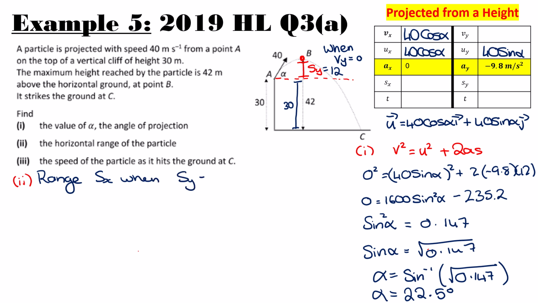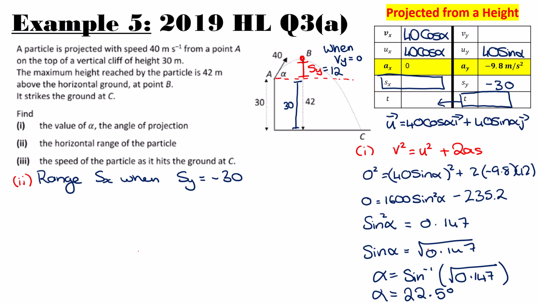In this case, when it lands, Sy is negative 30. That's really important that it's a minus 30 because we're 30 meters below where we started. So we have minus 30 going in there. We're going to work out our time, and then plug our time in here, which will in turn get us our Sx. That's our range, always how we work with it.